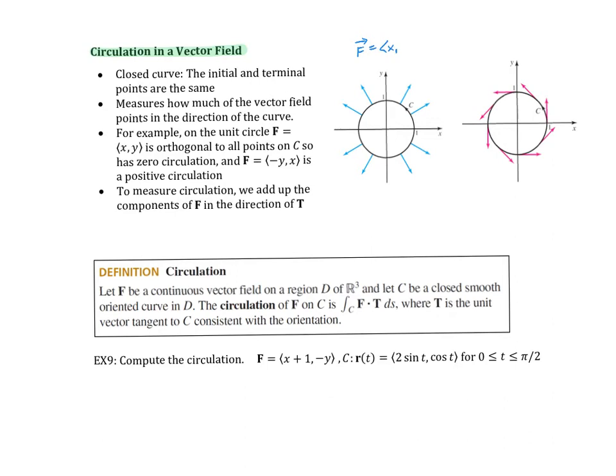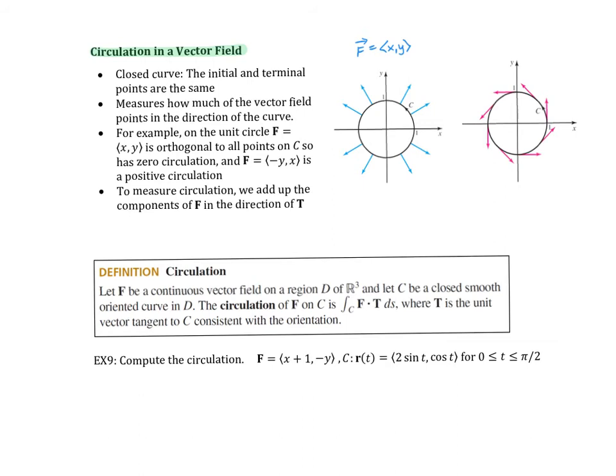So this is xy in this particular case. If I have this curve that's circular, oriented counterclockwise, and I plop this down into this vector field xy, what happens is that the vectors touching the curve are all going to be orthogonal to the curve.